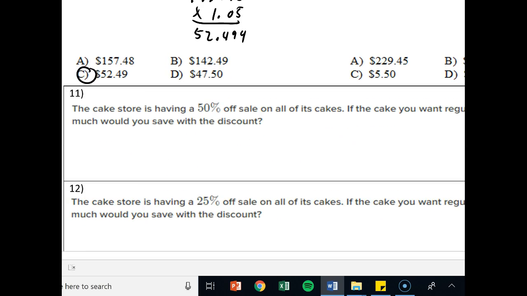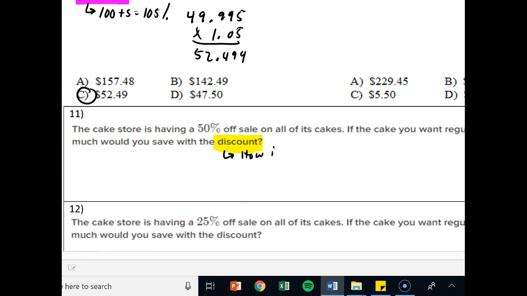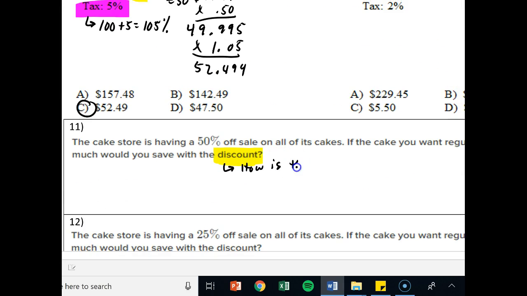Right? So it says the cake store is having a 50% off sale on all of its cakes. If the cake you want regularly costs $14, how much would you save with the discount? So basically it's trying to say, how much is the discount? Not how much do you end up paying, but how much is the discount? In this case, because it's 50%, we're actually going to end up saving the same amount we pay.